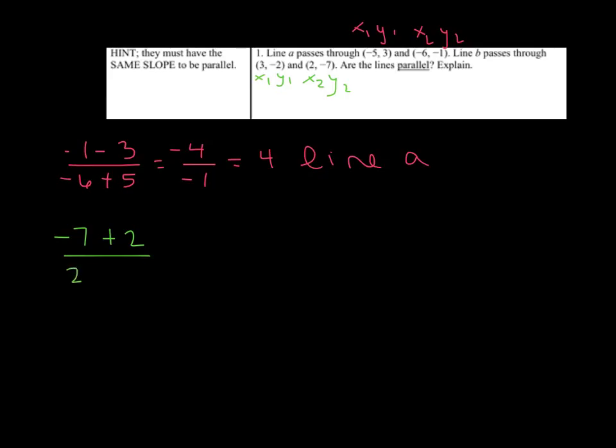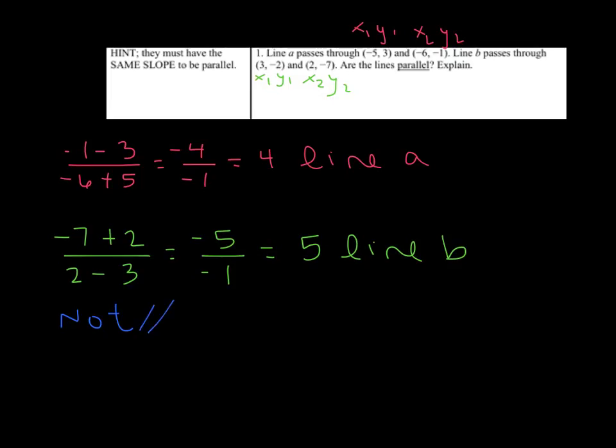And then I have x2 minus x1. So -7 plus 2 is -5, and 2 minus 3 is -1, and -5 over -1 is +5 for the slope of line B. These lines are not parallel because they have different slopes.